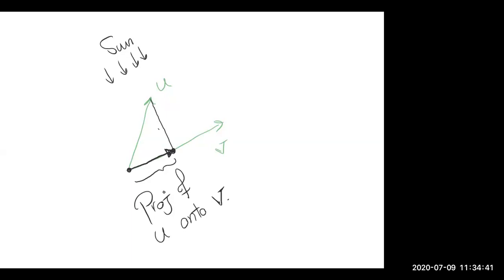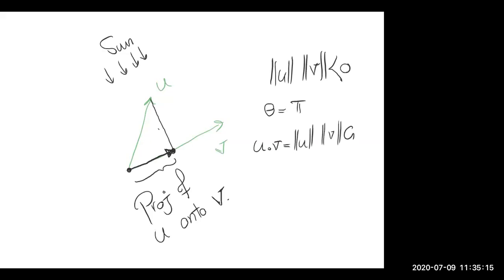So someone has asked, you said inner product is max when theta is 0, but a counterexample is if the length of u times the length of v is a negative number, then theta equals pi will have a bigger inner product. In that case, if you take theta equal to pi, the inner product of u and v, which is length of u times length of v times cosine of pi, would be minus length of u times length of v.